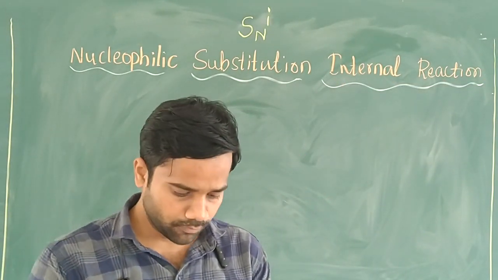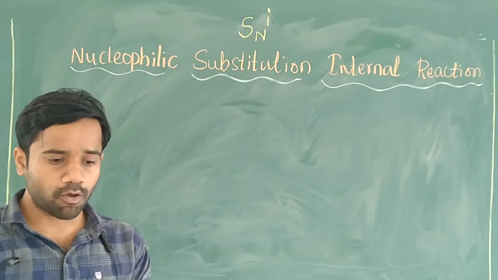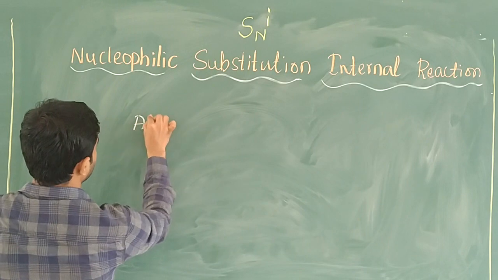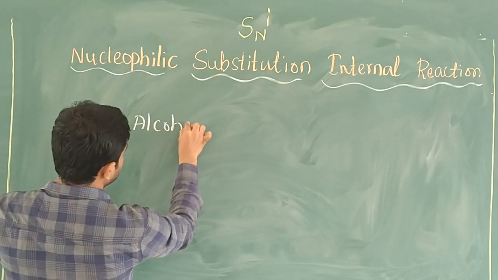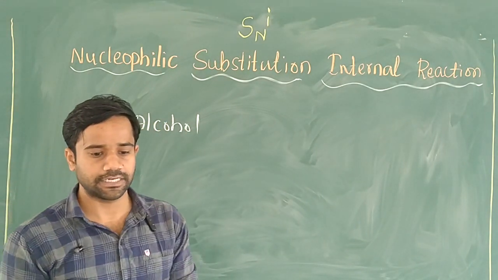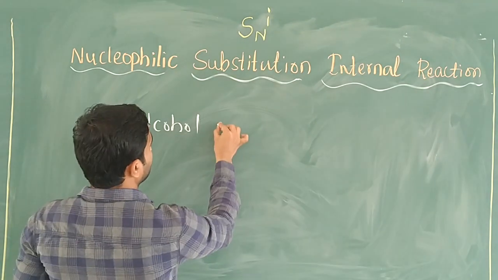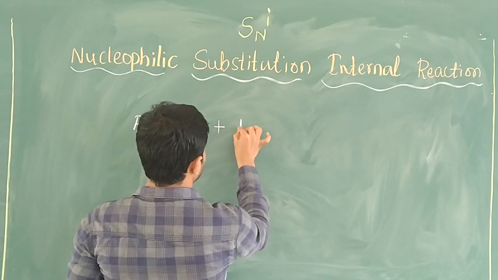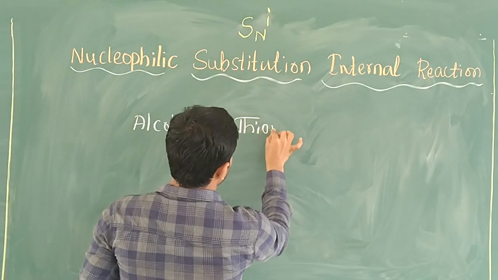In this reaction, we consider a compound that is an alcohol. The initial compound required here is the alcohol. We react the alcohol with thionyl chloride.